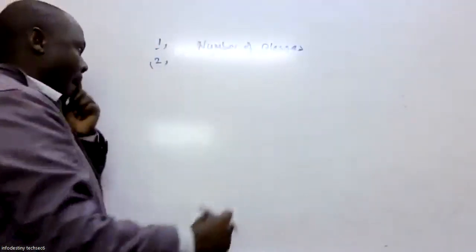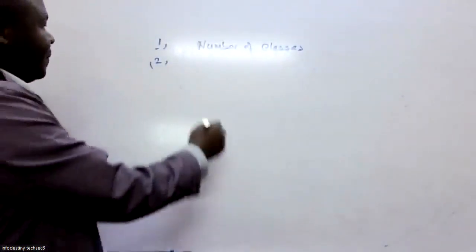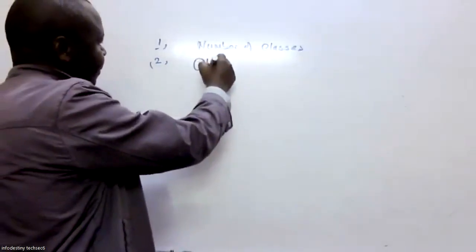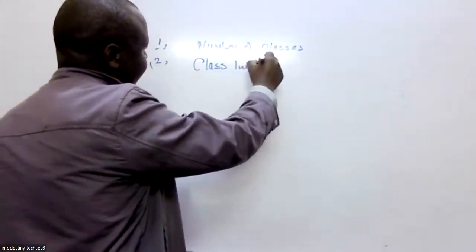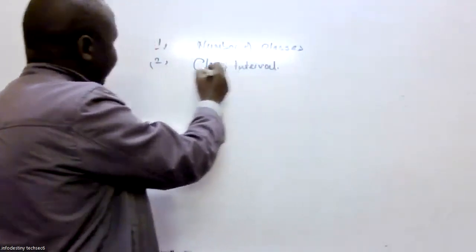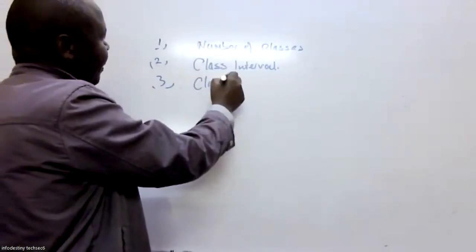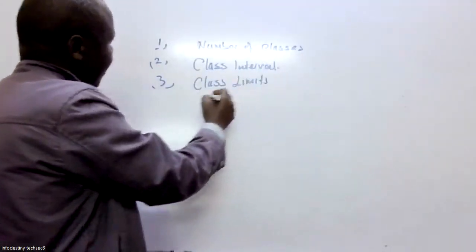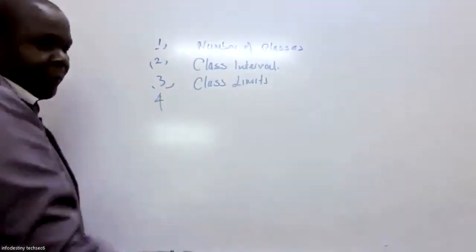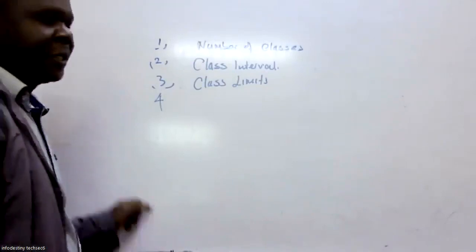Two, the class intervals. Three, the class limit. And four, the frequency in each class.